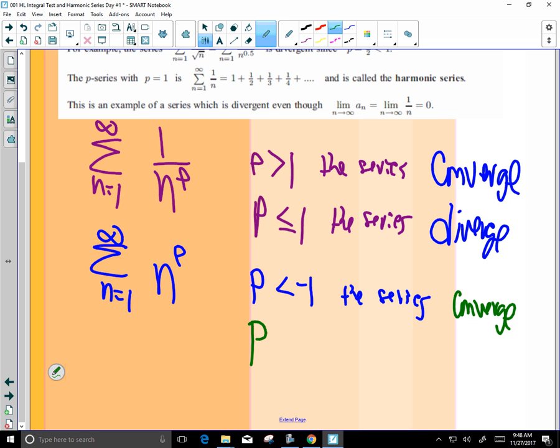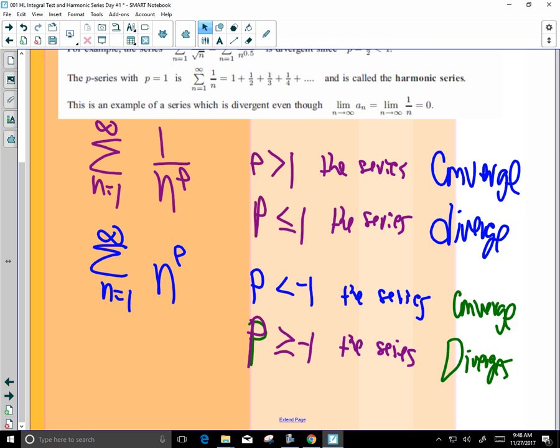And then p is going to be what? Greater than or equal to -1, there you go, the series diverges. Good. And that's the integral test and tying into that.